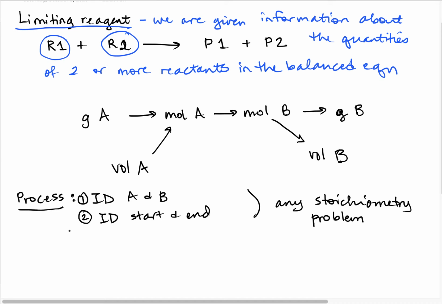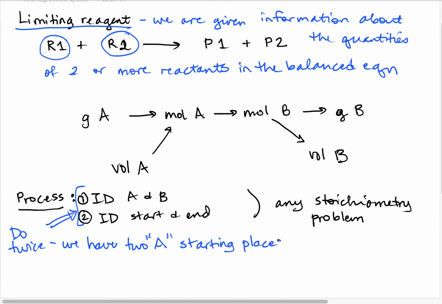And for a limiting reagent problem, we just have to do this twice, because we will have 2 starting places, A. And in these particular examples that I'm going to look at right here, we know that we're going to start with this information.